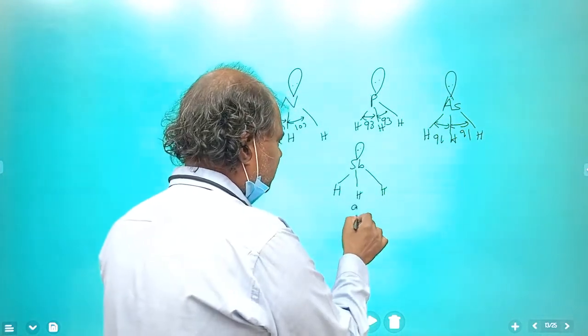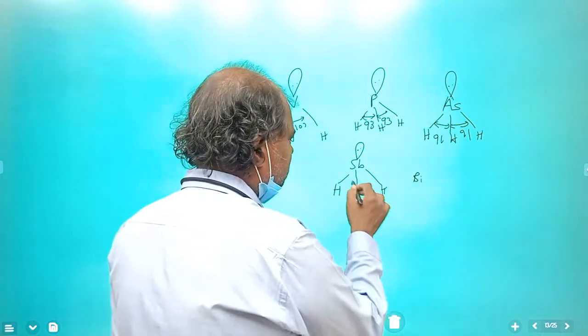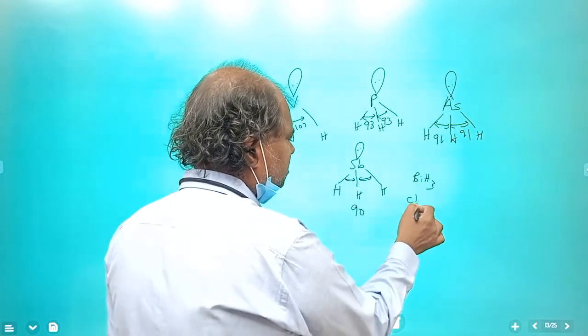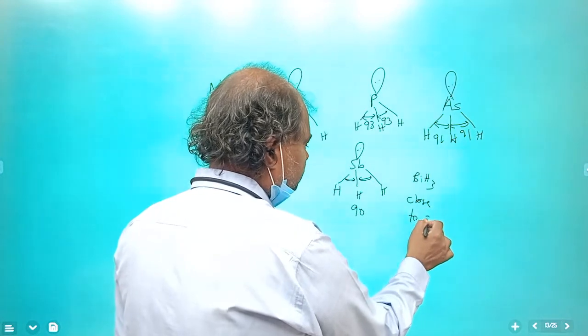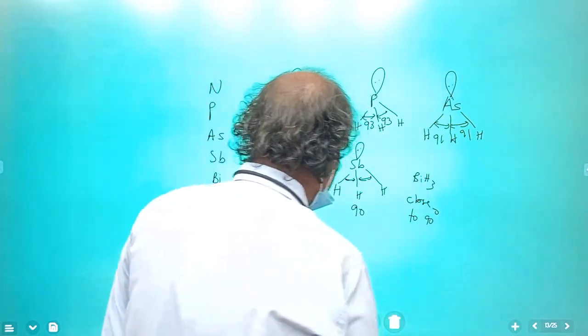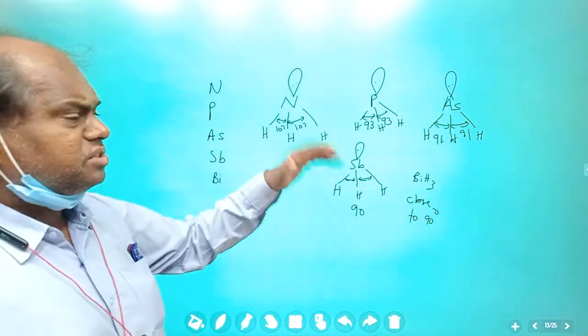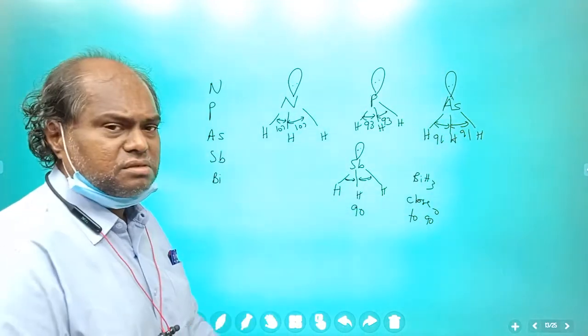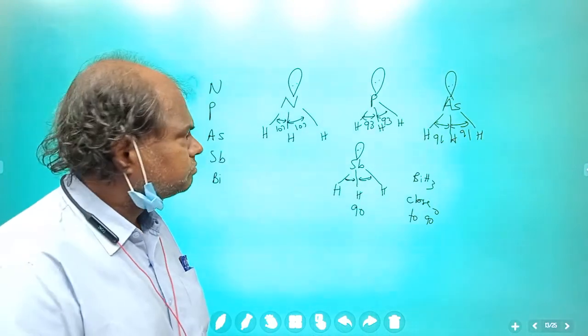This angle comes to around 90. And for BiH3 also, this angle is close to 90. This was very surprising because you don't expect such a drastic change. 107 to 93 means something very serious is happening here.